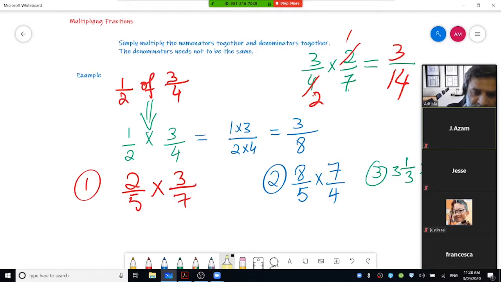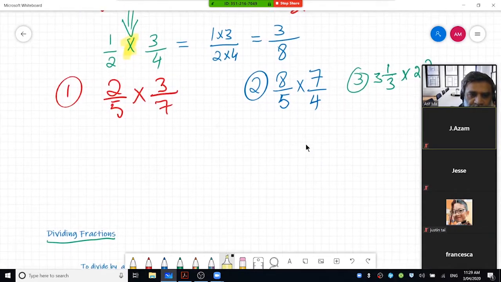If you find the word "of" in a question, you should replace it with the times sign, as we have done. So for example, if the question is what is 1 over 2 of 3 over 4, you would replace "of" by a times, and this becomes 1 times 3 is 3, and 2 times 4 is 8. So this is another way of doing it.